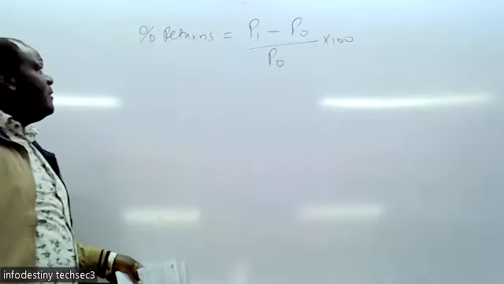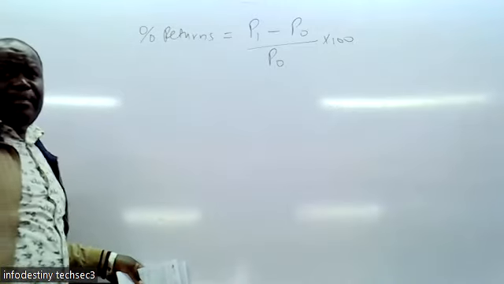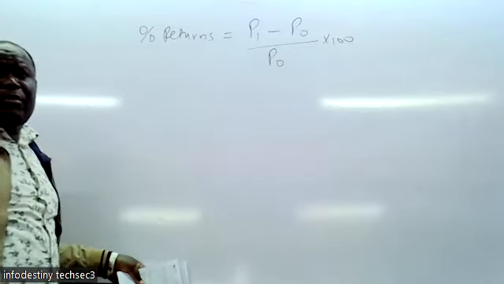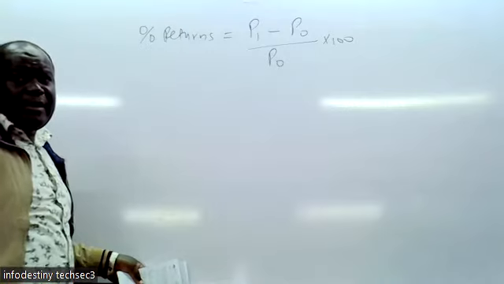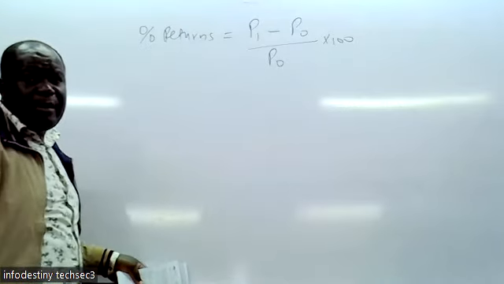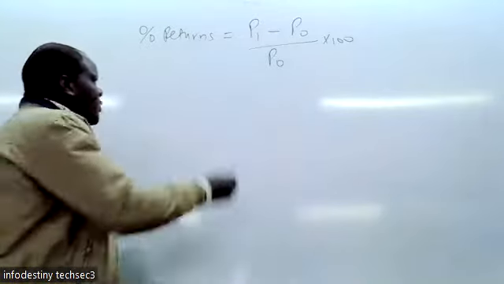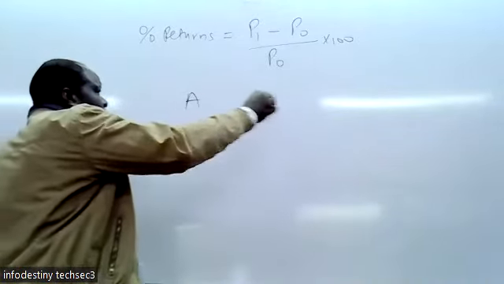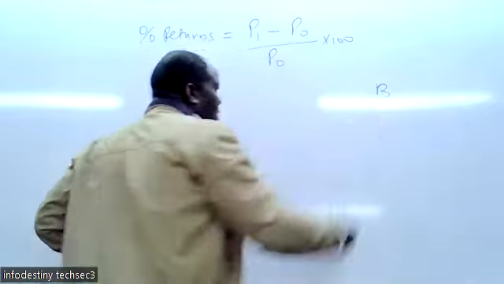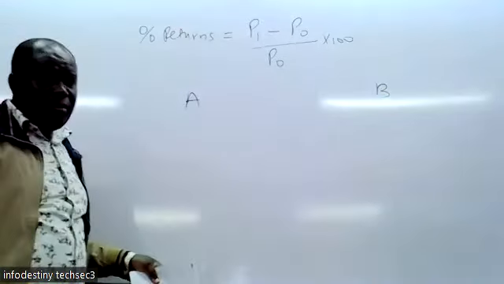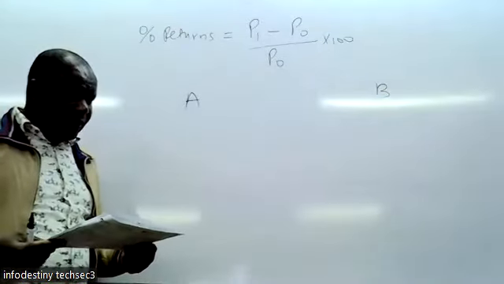So P1 is the price at the end, P0 is the price at the beginning. So we compute for both shares, share A and also share B, for the three states of the economy.